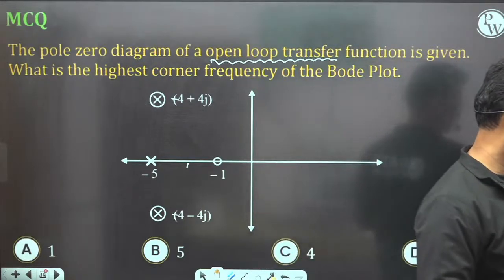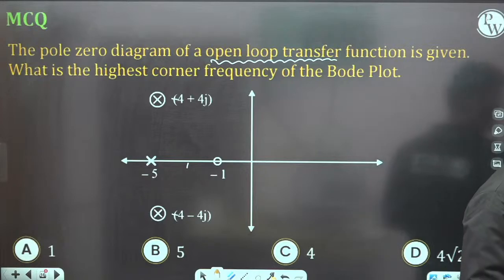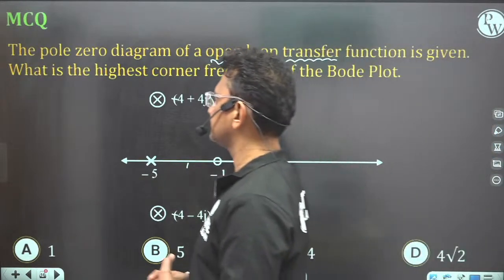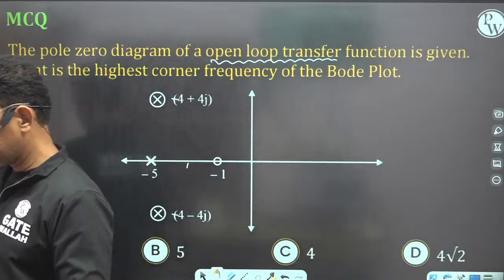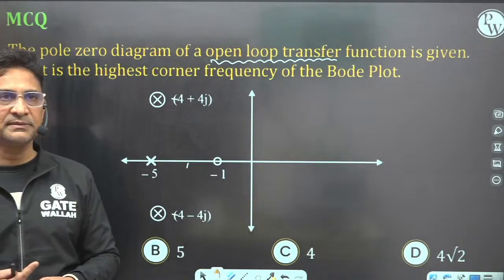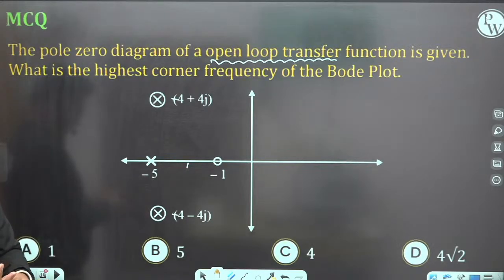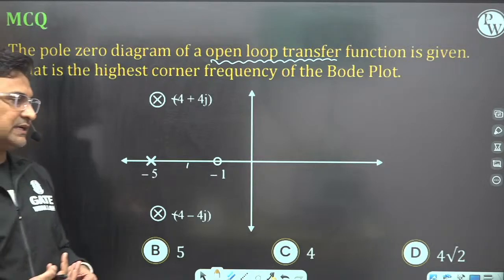Yes. Whenever you draw the Bode plot, what will be the magnitude of the highest corner frequency?